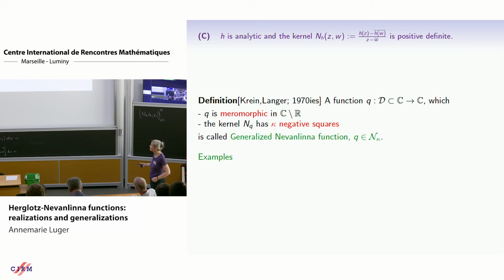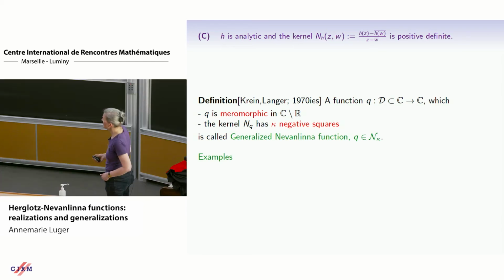And the kernel is now assumed to have kappa negative squares. This means that this matrix that we had here now has at most kappa negative eigenvalues, and kappa is minimal with this property. So if you have a function of this type, then this is a generalized Nevanlinna function by definition.